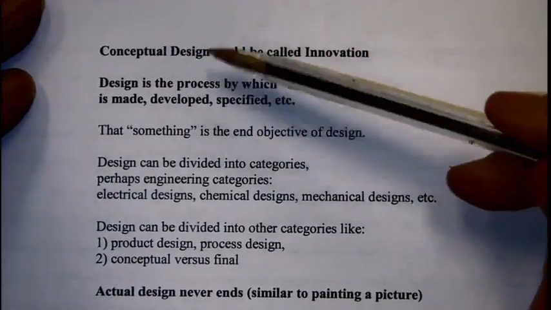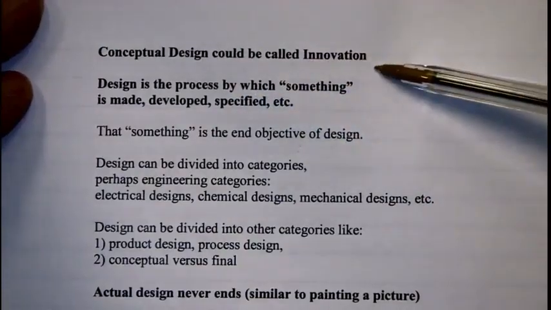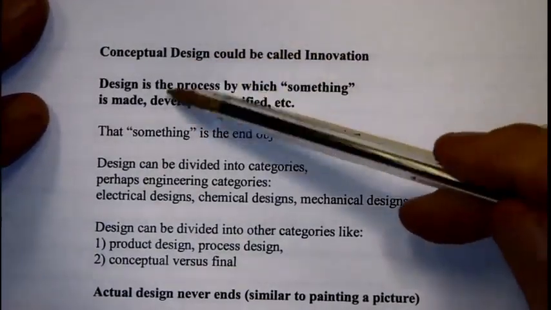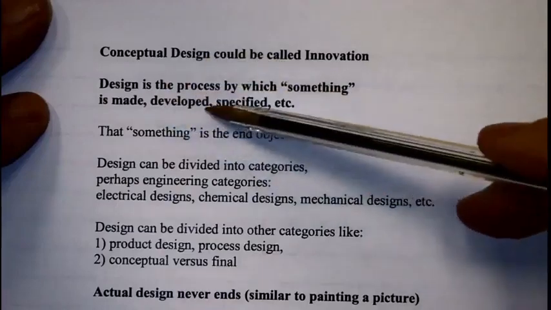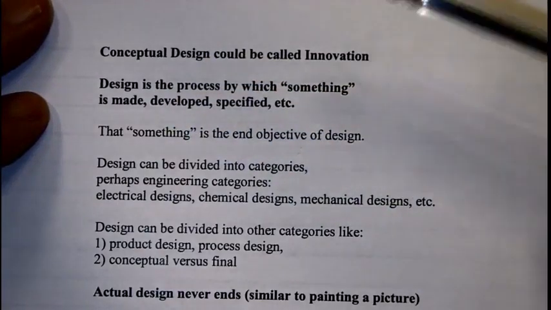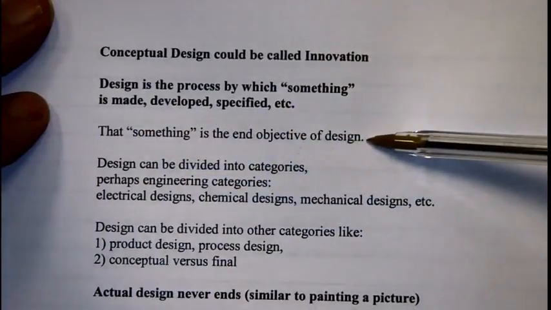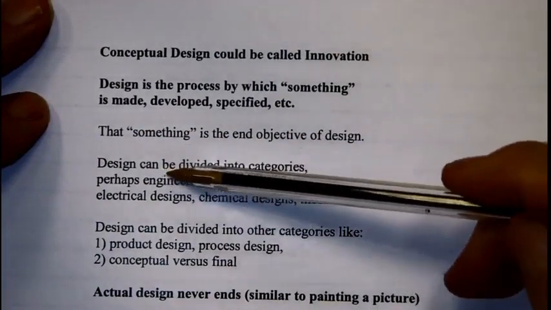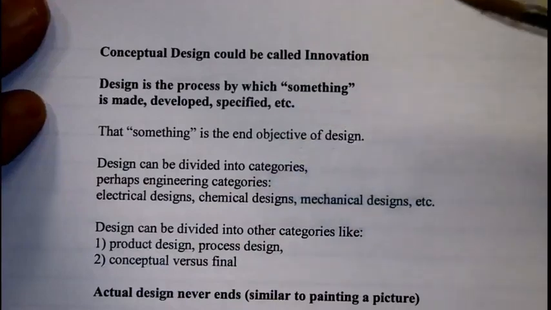Well, conceptual design, again, can be called innovation. Design is the process by which something is made, developed, specified, and so on. That something is the end objective of design. You can divide design up into engineering disciplines.